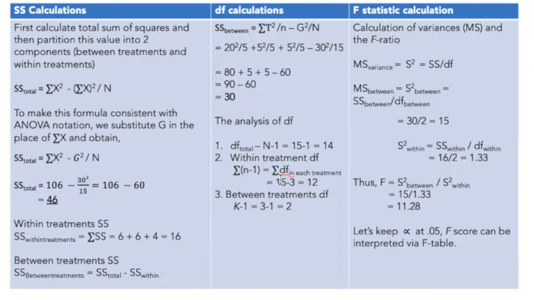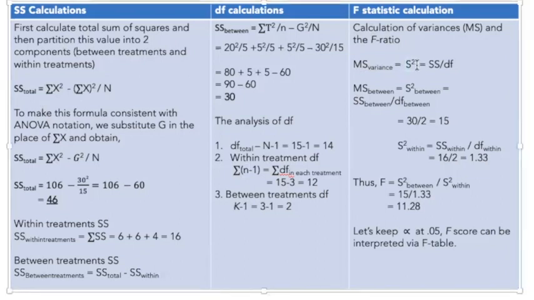Now, since you have all of these values, you can go ahead with the F statistic calculation. The F statistic can be calculated like this. We write it as calculation of variances. So MS variance is equal to the variance, that is sum of squares divided by degrees of freedom.